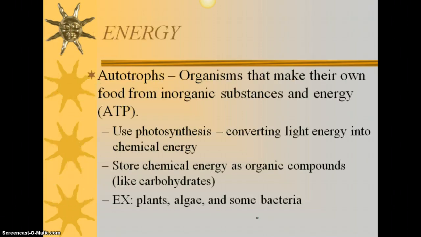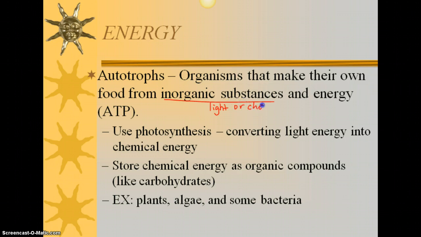So first, just kind of a description of energy here. Autotrophs, and this is on the top right of your notes packet if you are writing there, they are organisms that make their own food from inorganic substances and energy. Now this inorganic substances here is light. If by chance they were chemosynthesizers, then it could be chemicals.